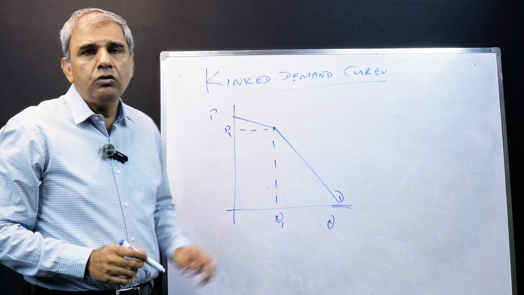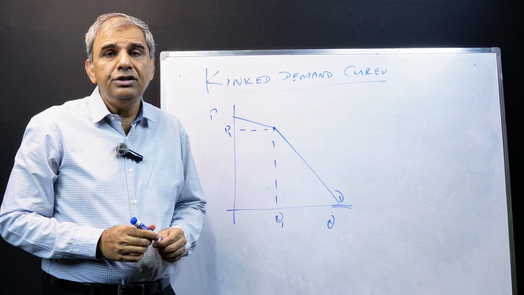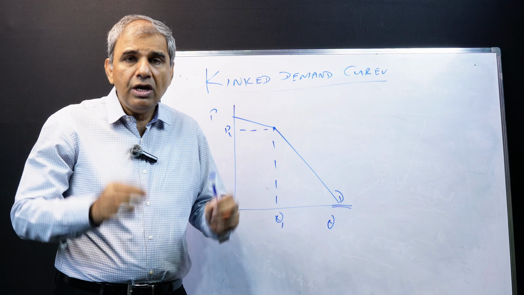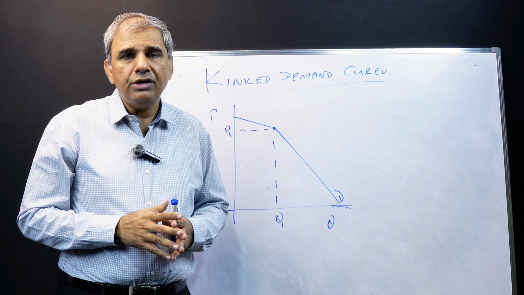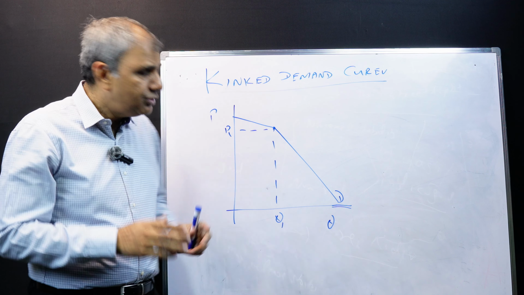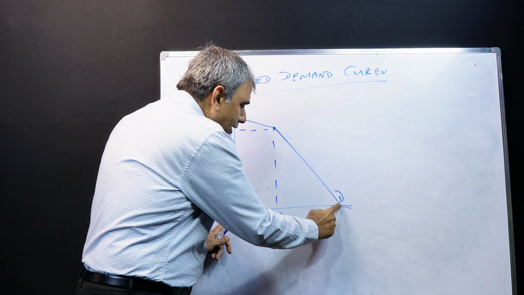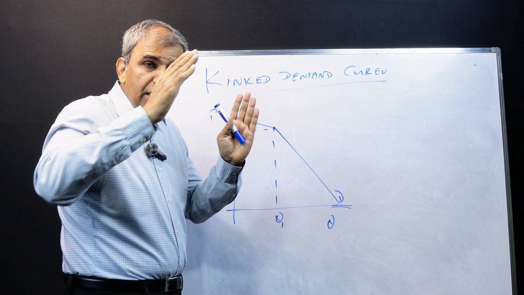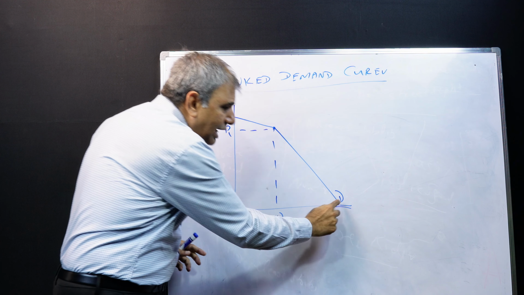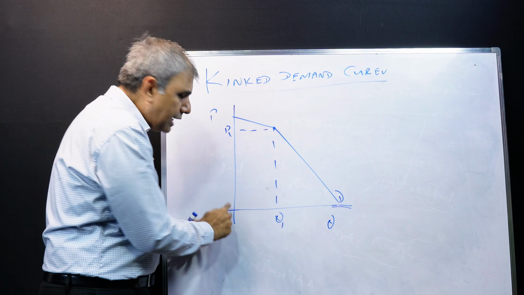Now, this part of the diagram is easier to draw. But when we have to draw the MR curve as well, then some difficulties may be faced. MR must touch the x-axis at the point which is exactly in the middle of the x-intercept of the demand curve and the origin.